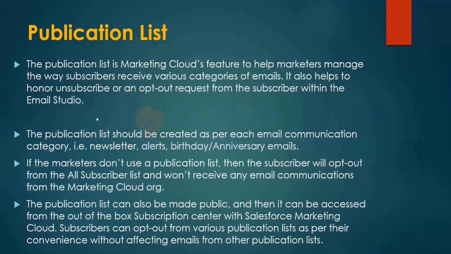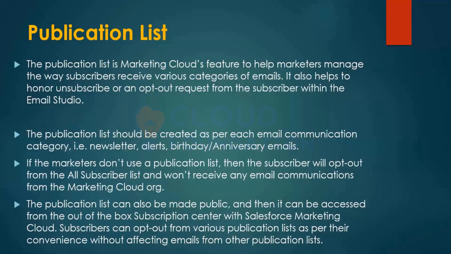That is the reason we have created a publication list. A publication list should be created for each email communication category. Suppose it is anniversary-related emails, or a newsletter: anniversary is one category, newsletter is another category. These are different categories.